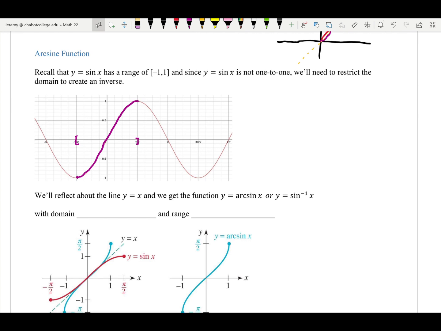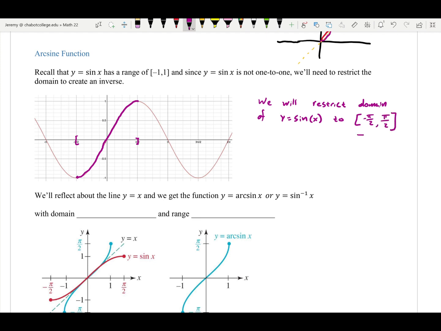Okay, so we're going to restrict the domain. Let me write this. We will restrict the domain of y equals sine of x to this set from negative pi over 2 to positive pi over 2.